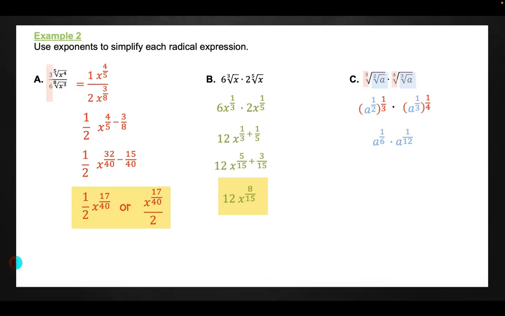Now when I'm multiplying like bases, I'm going to add those exponents together. So I've gone from multiplying them to adding them together. Adjusting my fractions to get the common denominator, and then adding my fractions together. Now you can simplify 3 over 12, which is the same thing as 1/4.